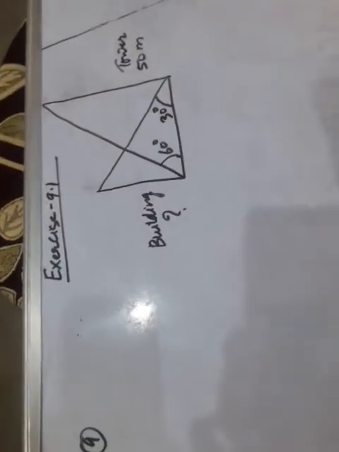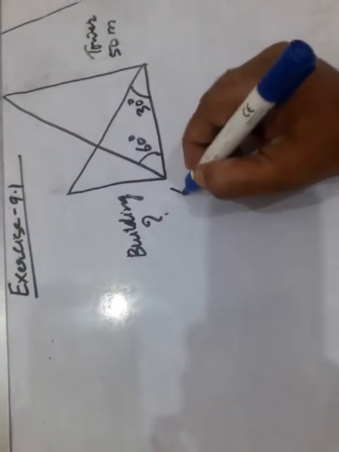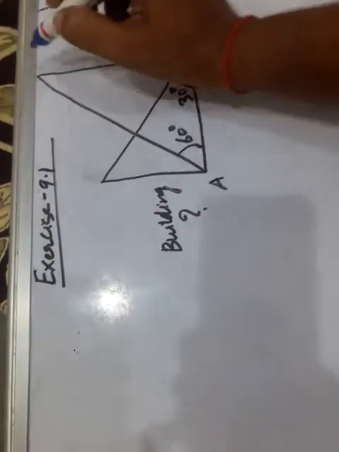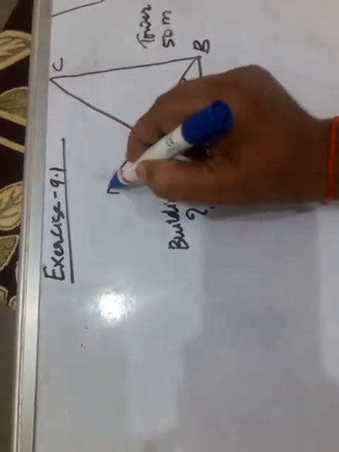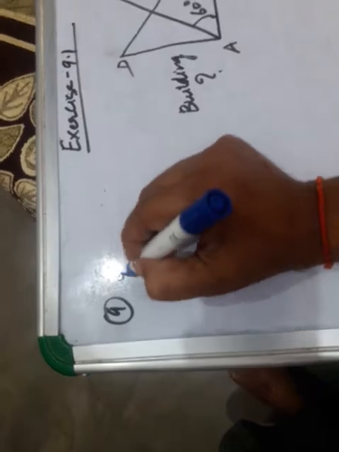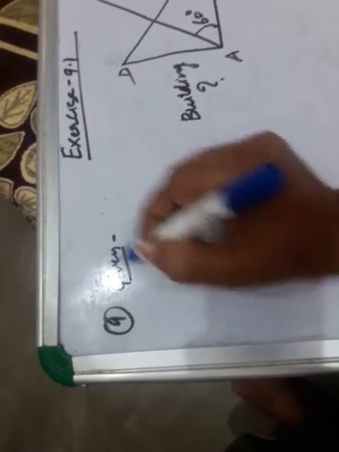Okay, children, let us see. Now let us give the names. Let it be A, B, C and D. What is given over here? Let us introduce all the things.